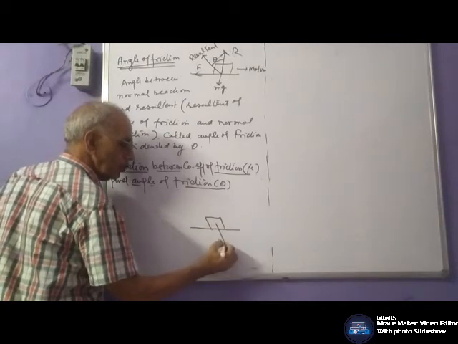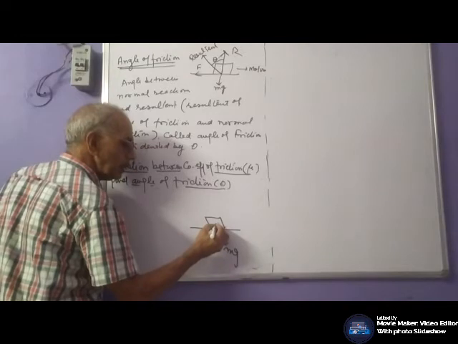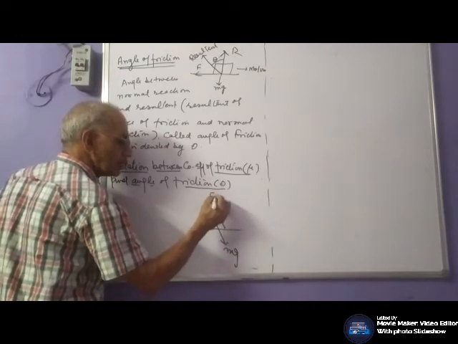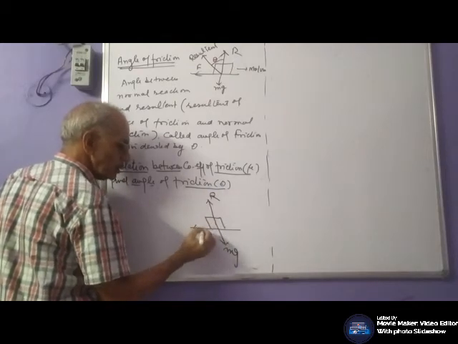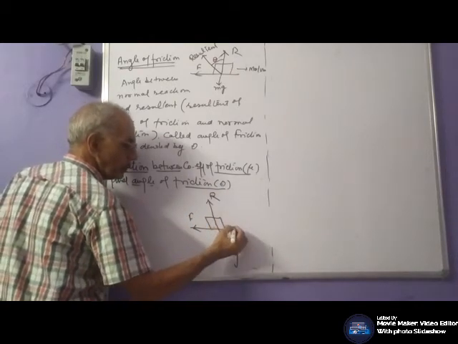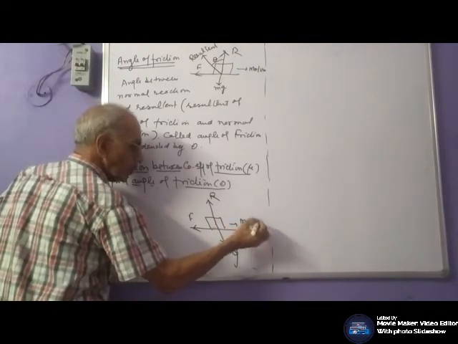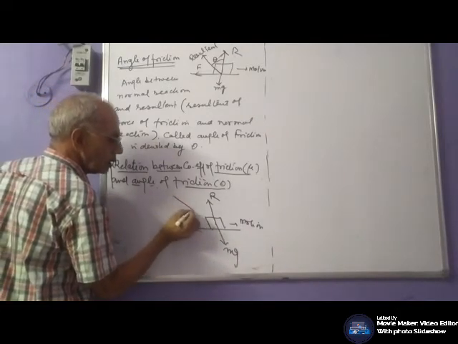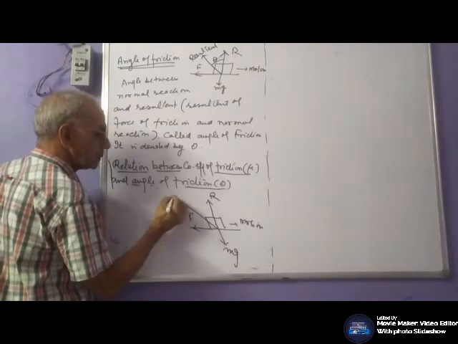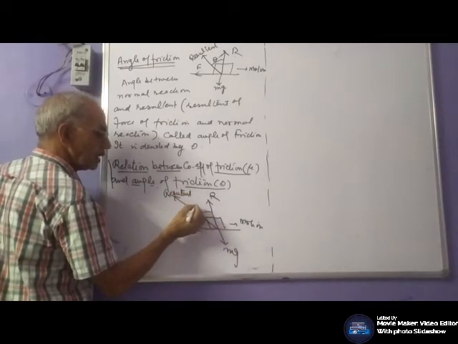This one, weight perpendicular to ground, normal reaction perpendicular to surfaces in contact. This is what, force of friction, this is what, motion, or about to move, whatever may be. This is resultant. And this is that angle theta.